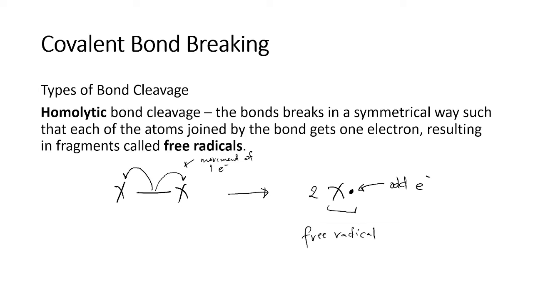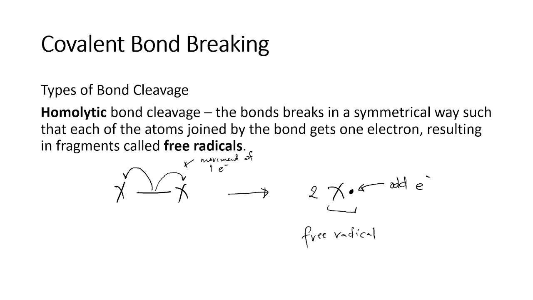Meaning to say, the electrons have no tendencies to select one of the electron over the other. Meaning to say, there is no bias regarding the movements of electrons. So, we have here a homolytic, so both sides of the bonds get one electron or one odd electron, therefore forming what we call a free radical.